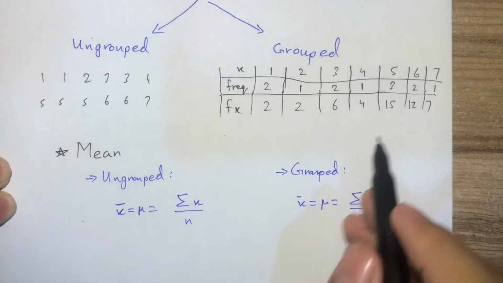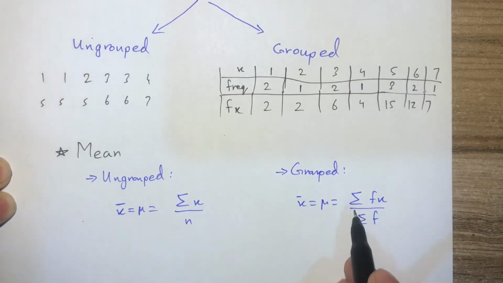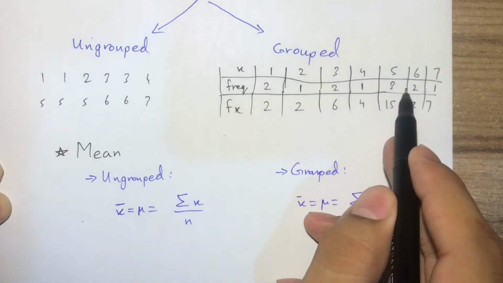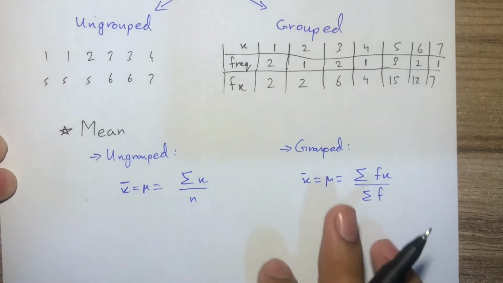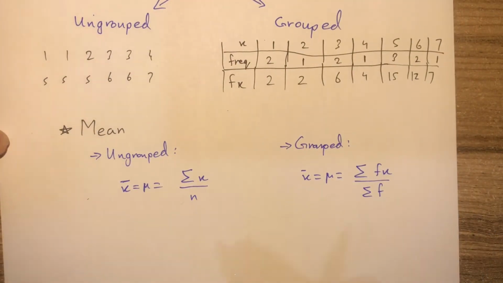You add all of them up, that's the numerator. Sigma represents addition or sum, and for sigma f you add up all the frequencies and you get the denominator.